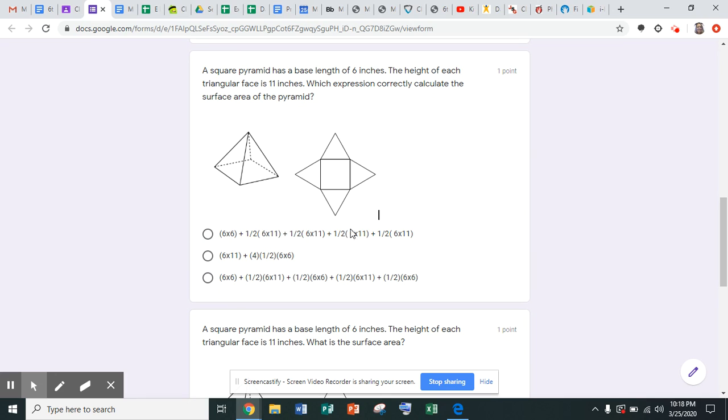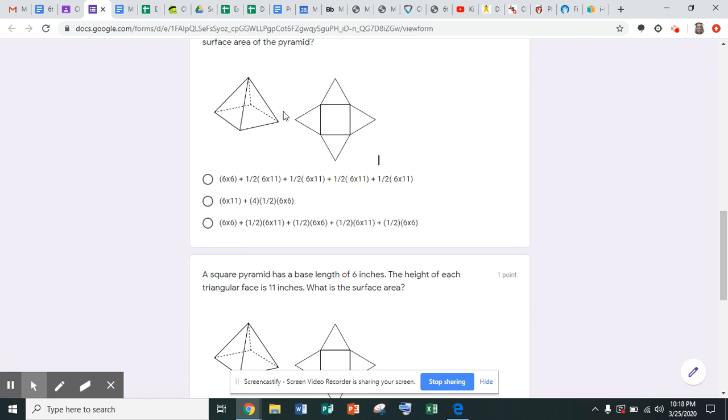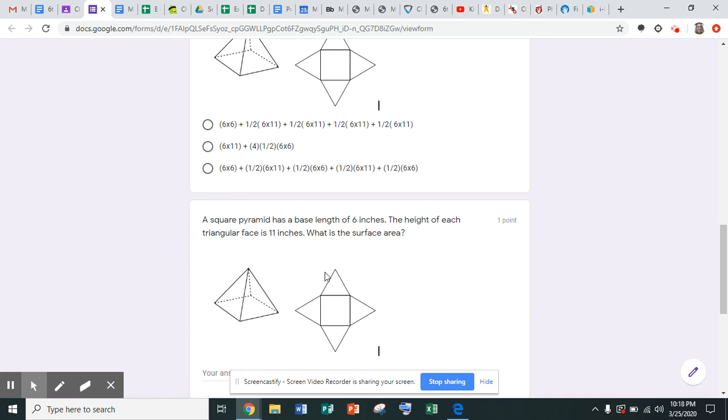All right, so you need to figure out which one of these you can use to solve for the surface area. It's the same square pyramid, the one that has a base length of 6 inches and a height of 11.